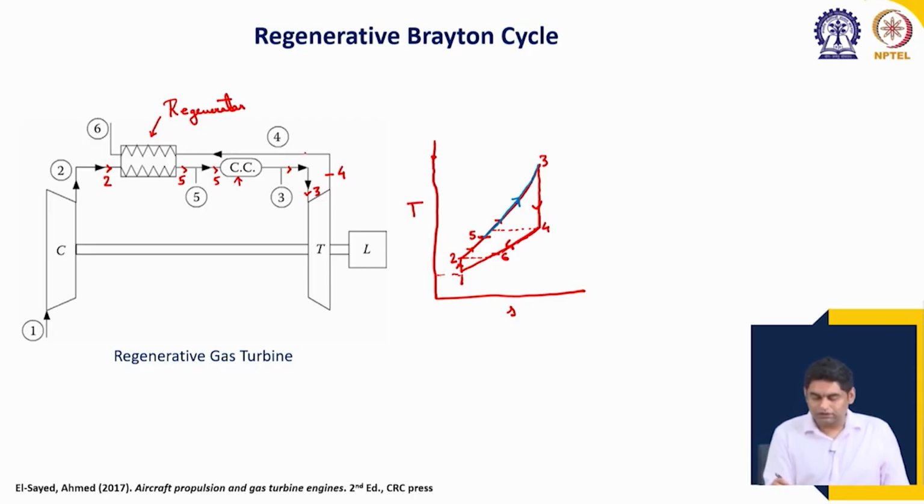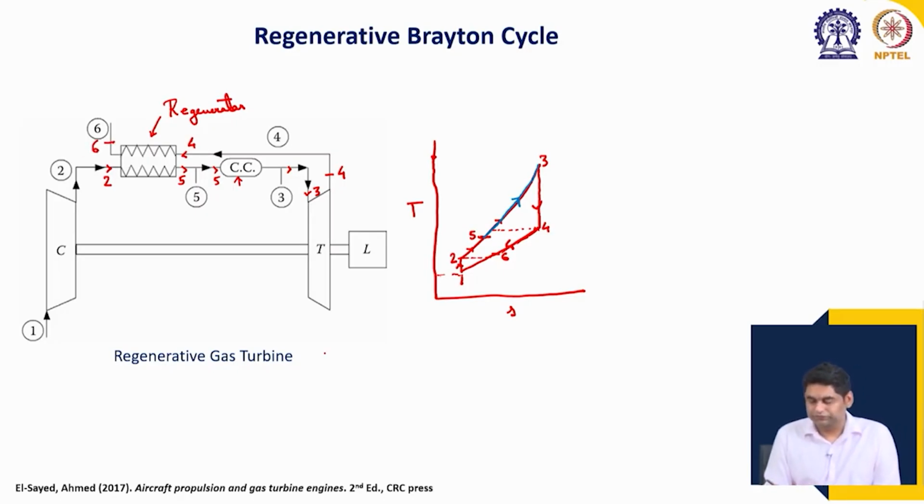This combustion products at state 4 enters. At this point we are considering only air, although I am saying combustion products. Later on for the actual cycles, this will be combustion products. This enters at state 4 and after heat loss comes out at state 6.